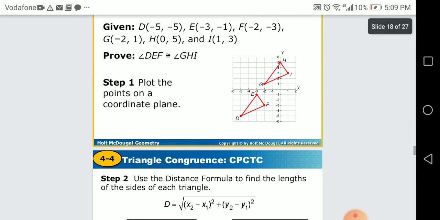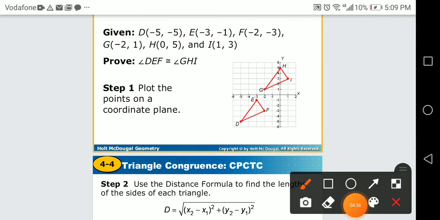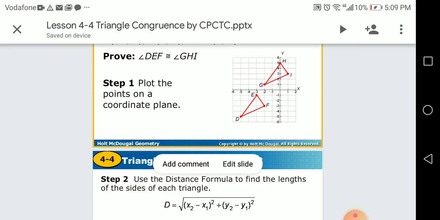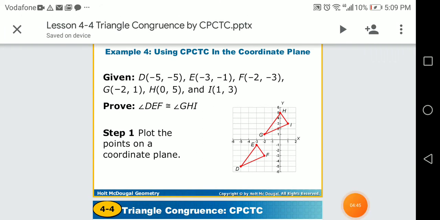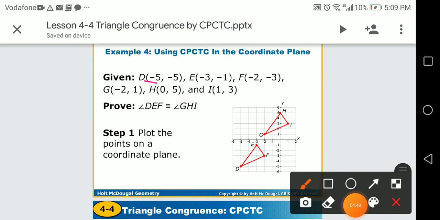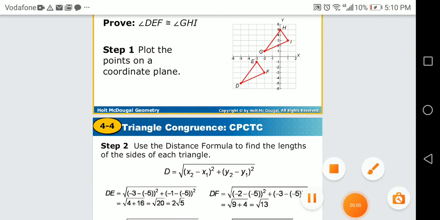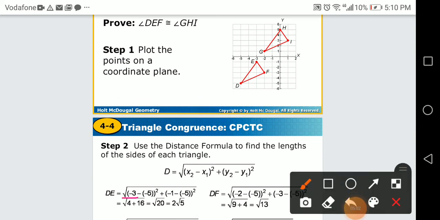Okay, x sub 2 is what here? We have x sub 1 and x sub 2. X sub 2 is -3 minus x sub 1, -5, and then all to the second power. How can we solve it? Negative 3 minus negative 5.